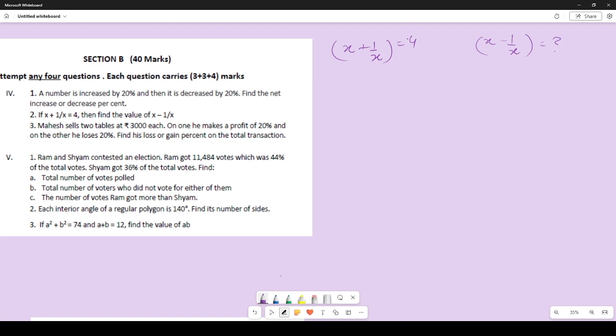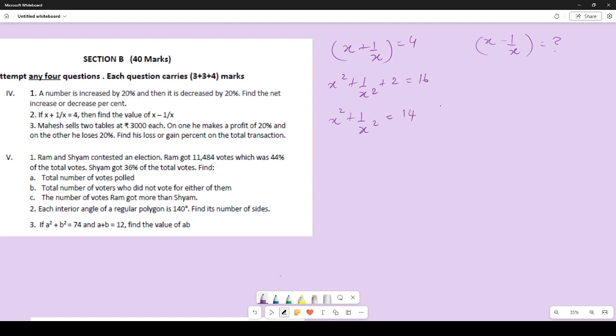Let us square both the sides. So what we get, x square plus 1 by x square plus 2 is equal to 16. If you go ahead with this, x square plus 1 by x square is equal to, this 2 moves to this side, is equal to 14, right?